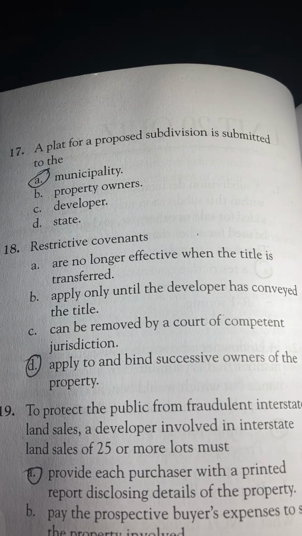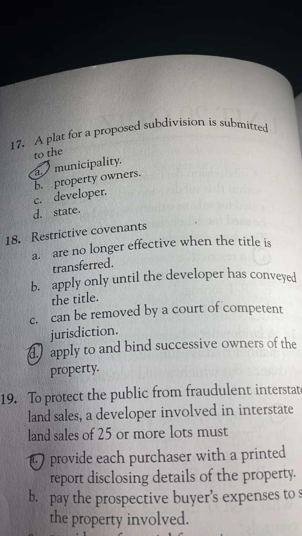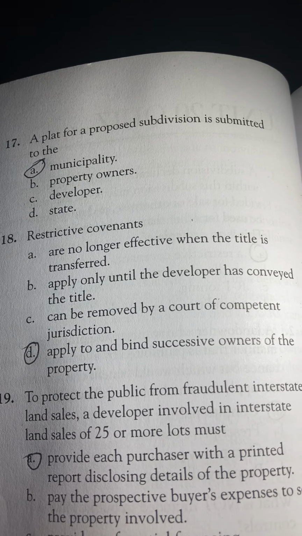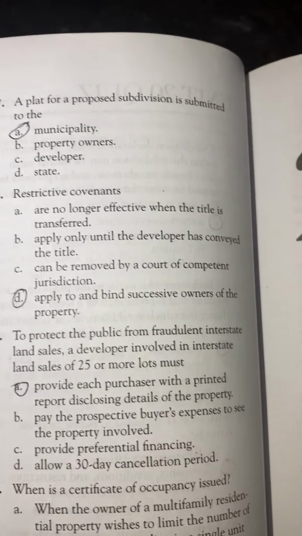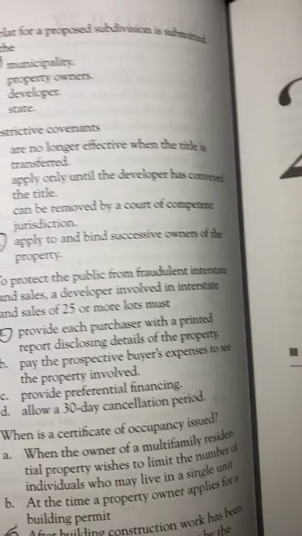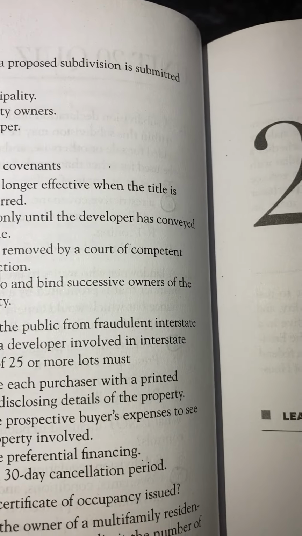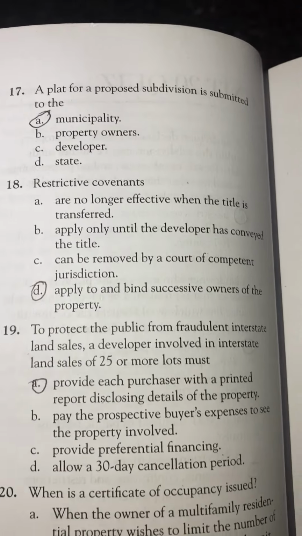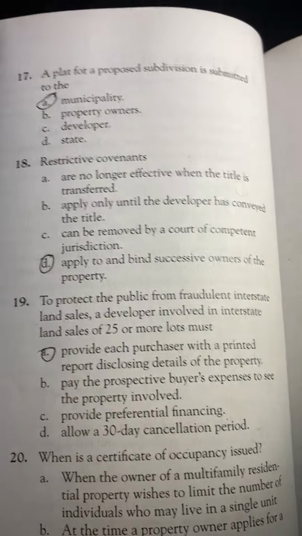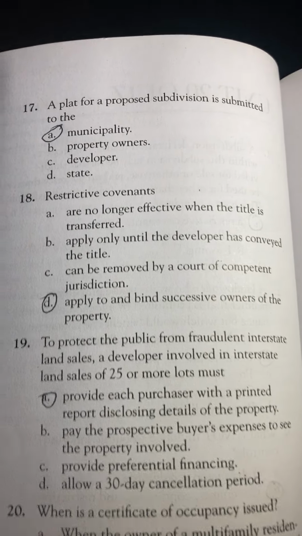Number 18. Restrictive covenants A, are no longer effective when the title is transferred. B, apply only until the developer has conveyed the title. C, can be removed by a court of competent jurisdiction.